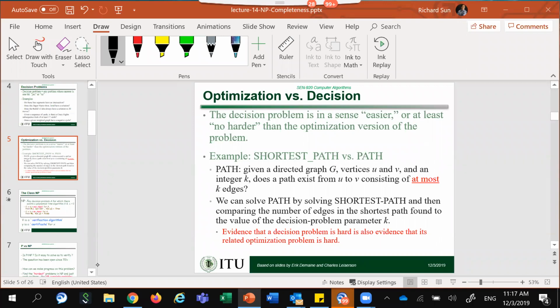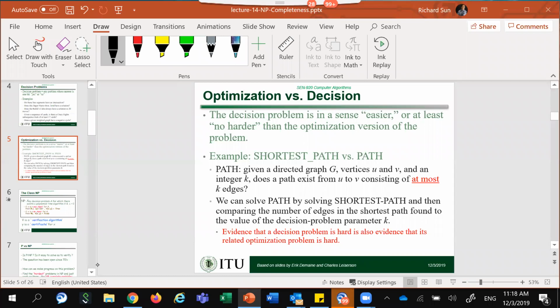And we can solve this decision problem by solving the optimization problem. If we can find the shortest path from u to v, then we just take the number of edges in that shortest path and compare it with k. If the number of edges in the shortest path is smaller than or equal to k, then the answer is yes.